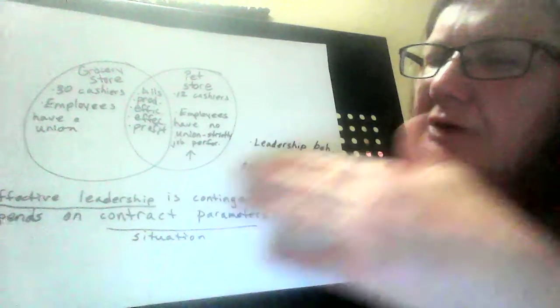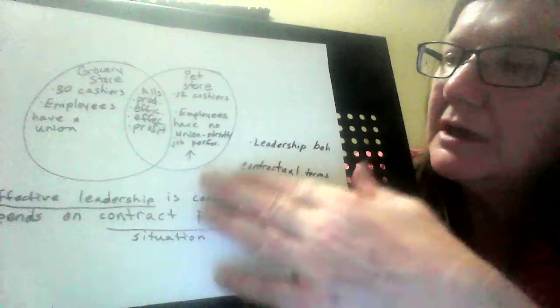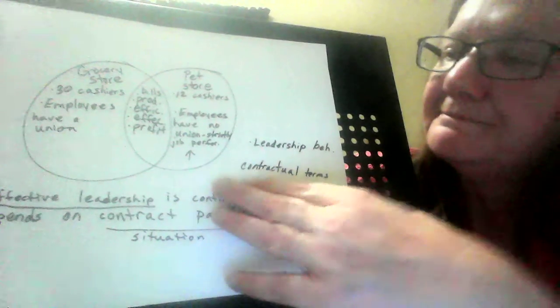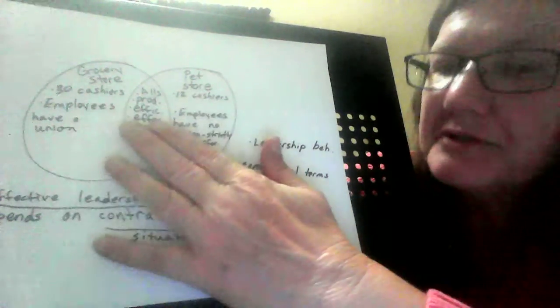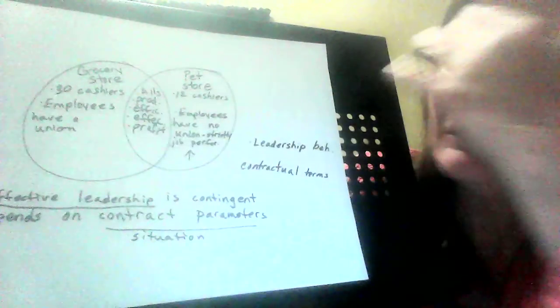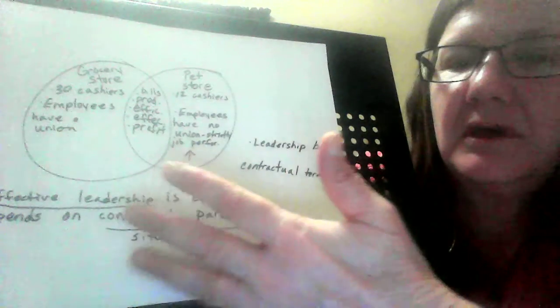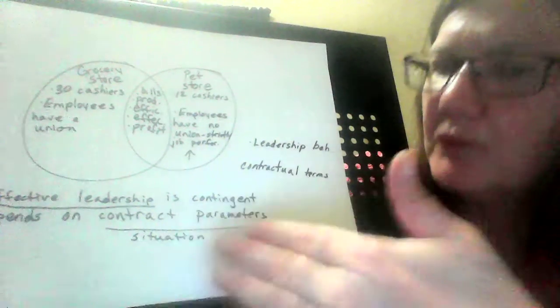So that helped me understand contingency theory, because when I thought about it, the things that were the same were common notable things like bills, production, profit. They both want profit.